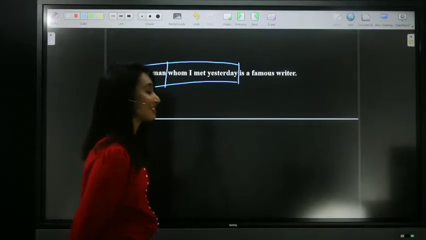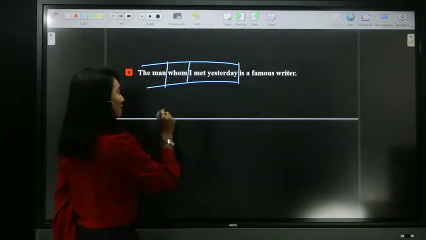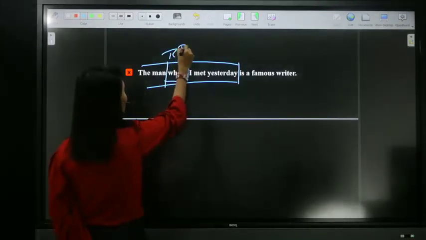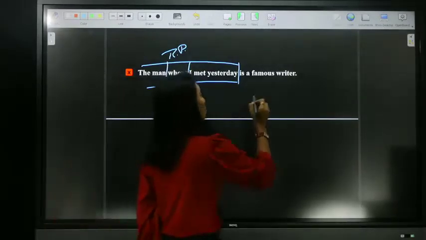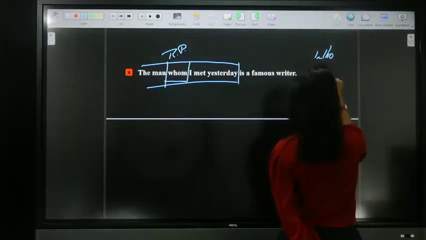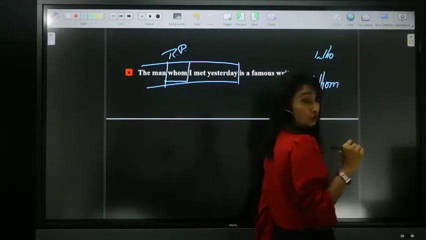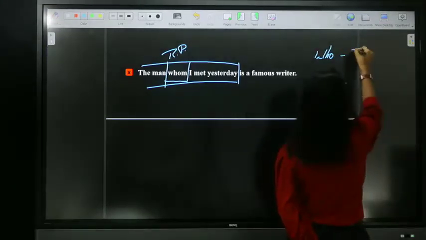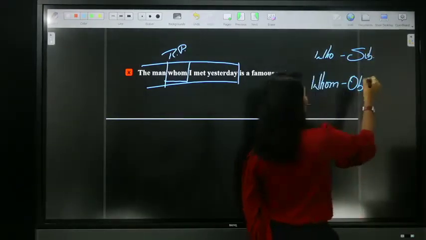You're right. So here, whom is a pronoun, right? So what type of pronoun? Relative pronoun. We discussed relative pronouns and understood that who is for persons, whom is also for persons. But the difference between who and whom is that who is for subjective case, whom is for objective case.